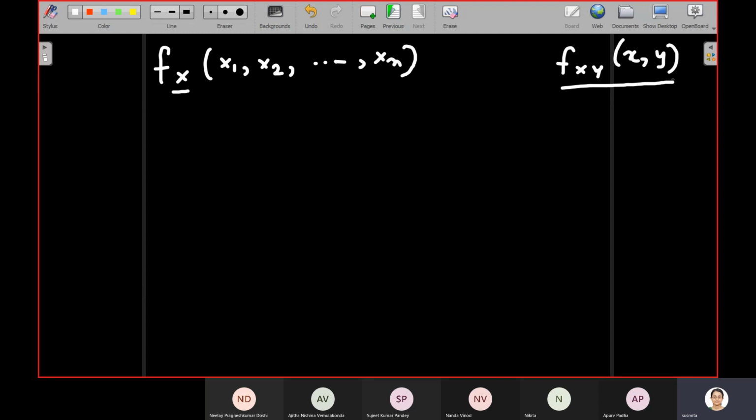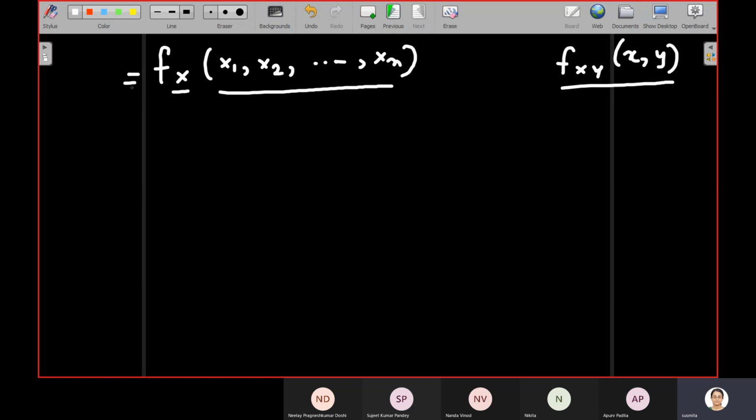Earlier we considered a two-dimensional case. We had the joint PDF of x and y, and we had to use a three-dimensional plot to visualize it. In this case, we require n plus one dimensions. Along n dimensions we have each of these random variables, and then along the n plus one dimension we have the PDF. That is how we need to put it in the graph.